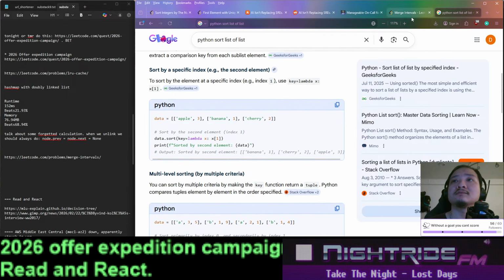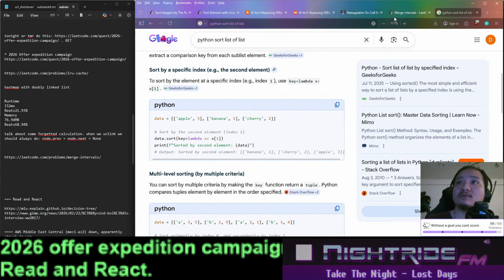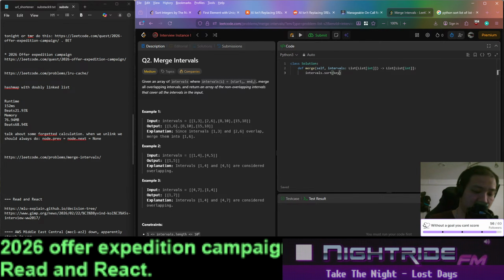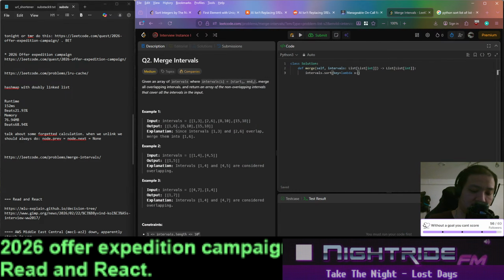So interval.sort, we have to pass the key, right? Key equals lambda x, and we want to sort by the first element, right? Okay.